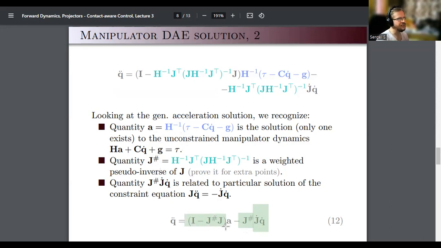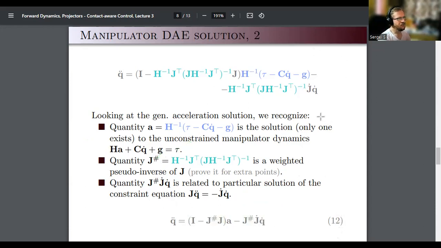Here is what looks like a null space solution, because it is like I minus J pseudo-inverse J. If this were a regular pseudo-inverse, it would have been just a null space solution. But here it's weighted. And instead of an arbitrary vector, we have A, which comes from the manipulator equations. So in terms of form, this is exactly the same as looking at the generic algebraic equation, but there is a detail of what kind of pseudo-inverse we use, what we are solving, etc.